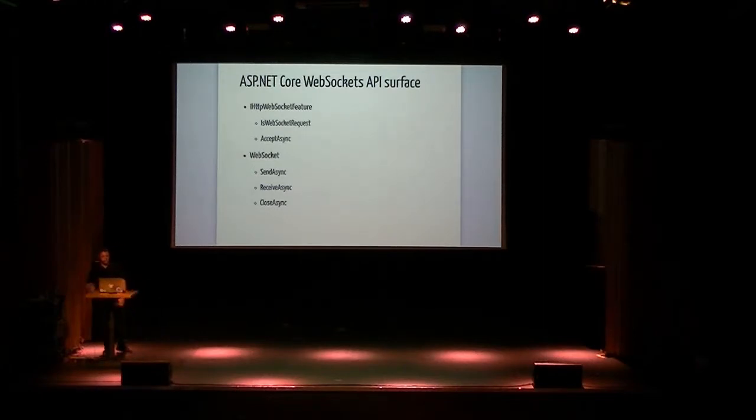It has a very rich API. From typical server perspective, what you need is a method to send data, receive data, close the WebSocket. You can also use the property to check the WebSocket state to protect yourself from sending to a not open WebSocket. And in order to add WebSocket support in your application, you need to use those APIs.